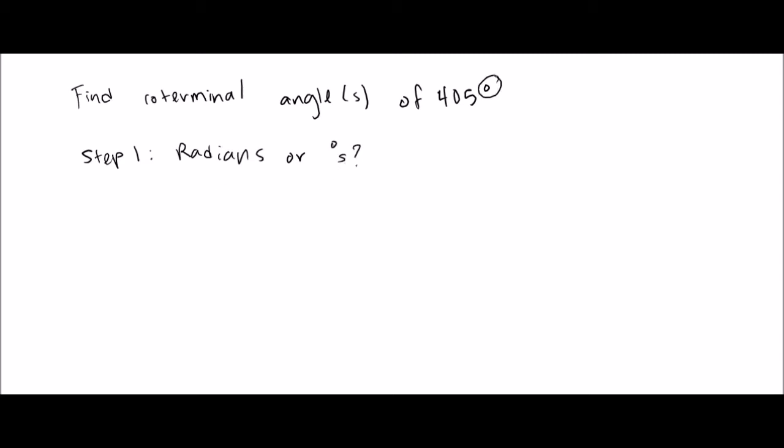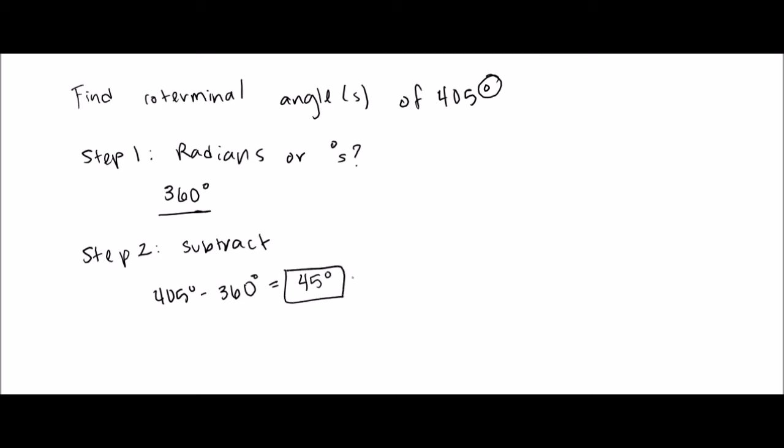In this case, we see right here that this is degrees, so we're going to be using 360 degrees instead of 2 pi. Step two is to subtract. So 405 degrees minus 360 is equal to 45 degrees. So the coterminal angle of 405 degrees is 45 degrees.